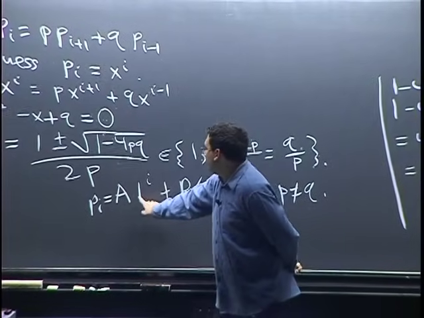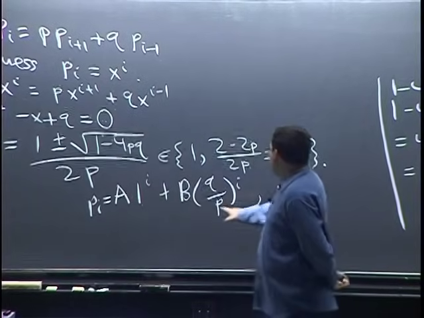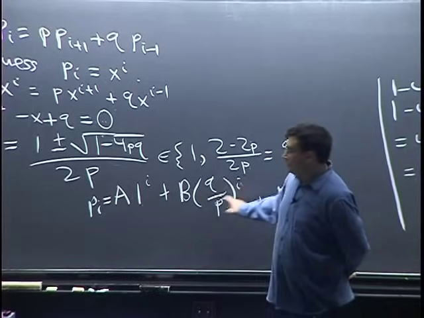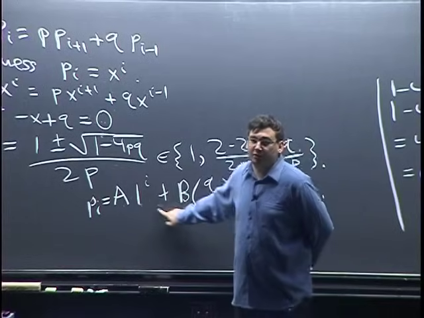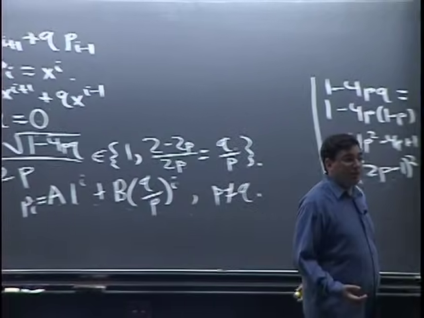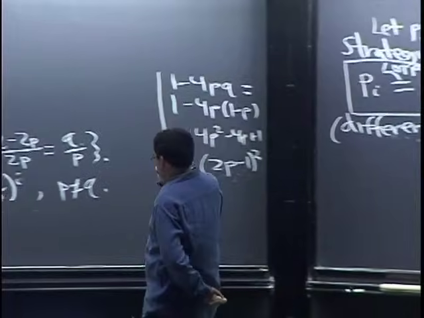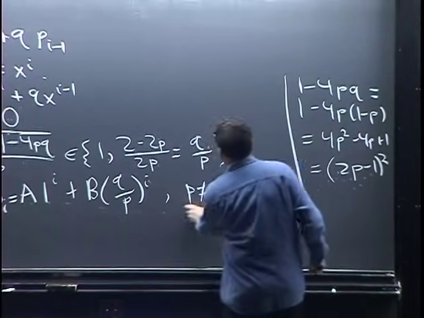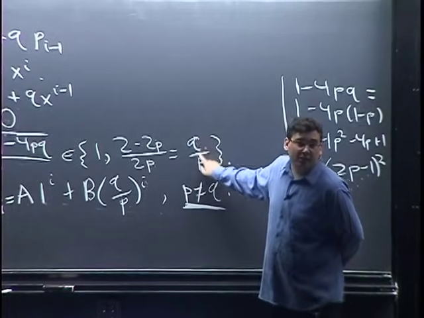So one solution to try is 1 to the i, which of course is just 1, and the other is the other root to the i. If I had n roots, I would add up a linear combination of those roots to powers. It gets more complicated if you have multiplicity, repeated roots, but we don't have to worry about that yet. Right now I'm assuming p is not equal to q, so we don't have a repeated root here.